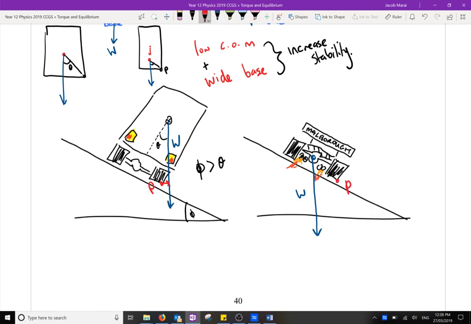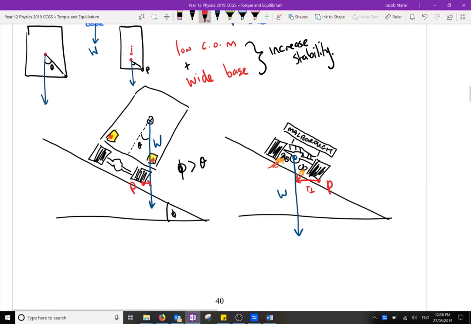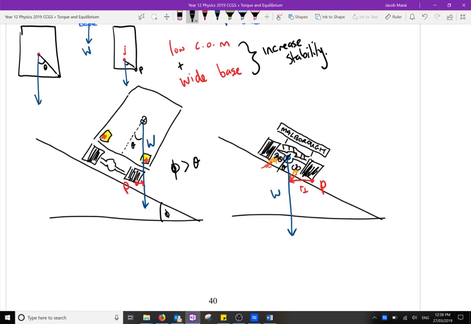So now if we consider a pivot, the perpendicular distance occurs inside the base. Theta and phi. In this case, phi is less than theta. Okay?